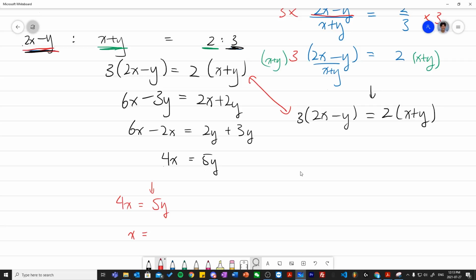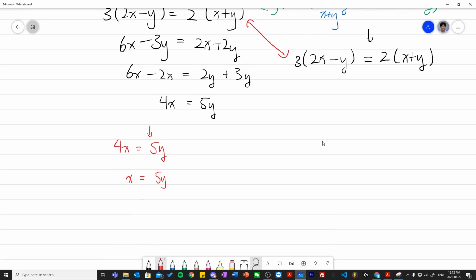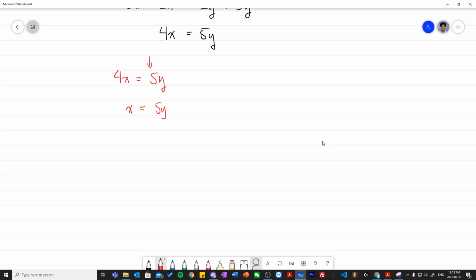How do I move 4 to the other side? Divided by 4. Yep, divided by 4. So this is our value for x. We already almost got half the puzzle done. Now, what would y look like?